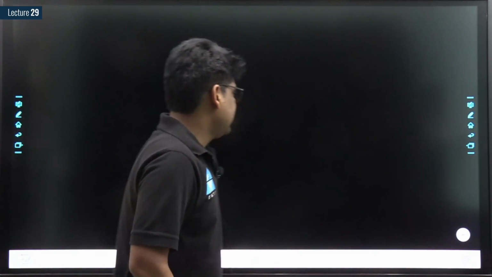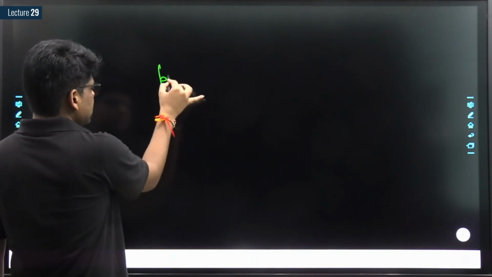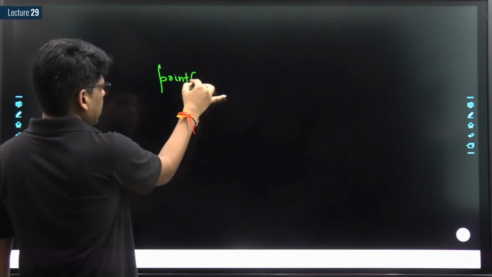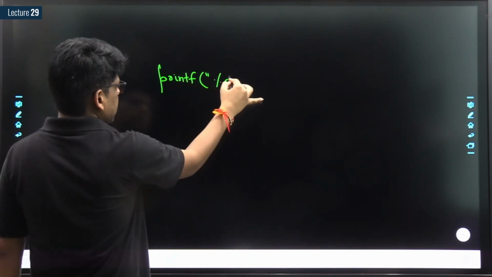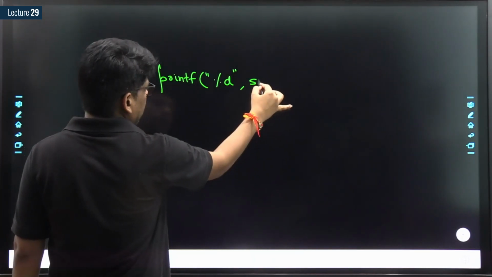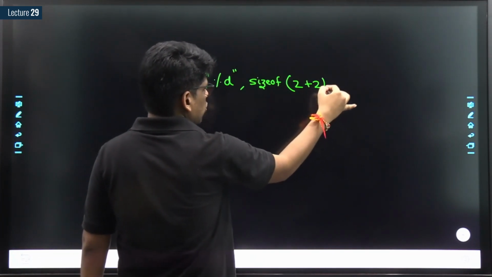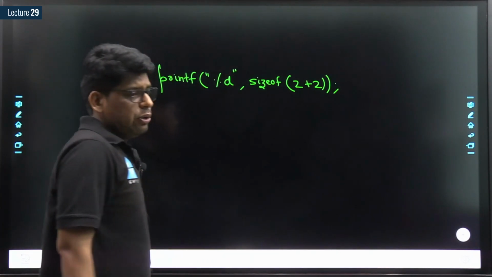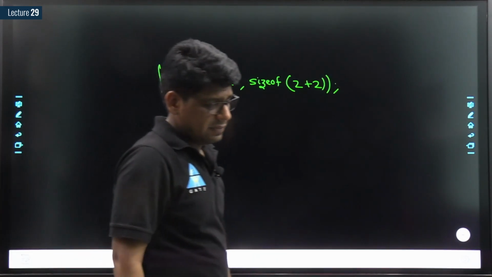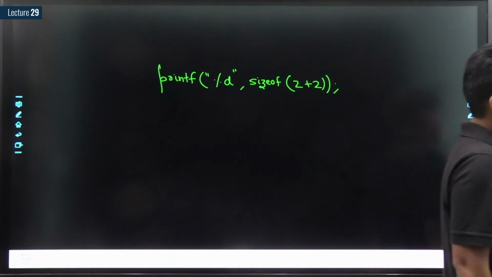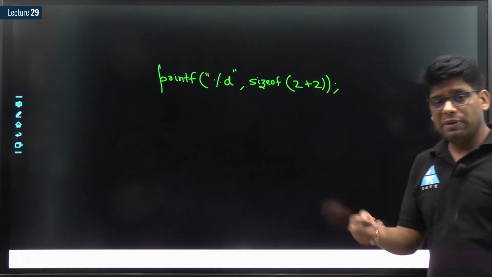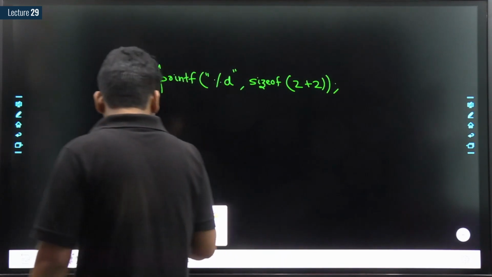Sir, can we do something like this: printf %d, sizeof 2 plus 2? Just pause the video and think a little bit. Because if you are saying yes, please be ready for my next question.